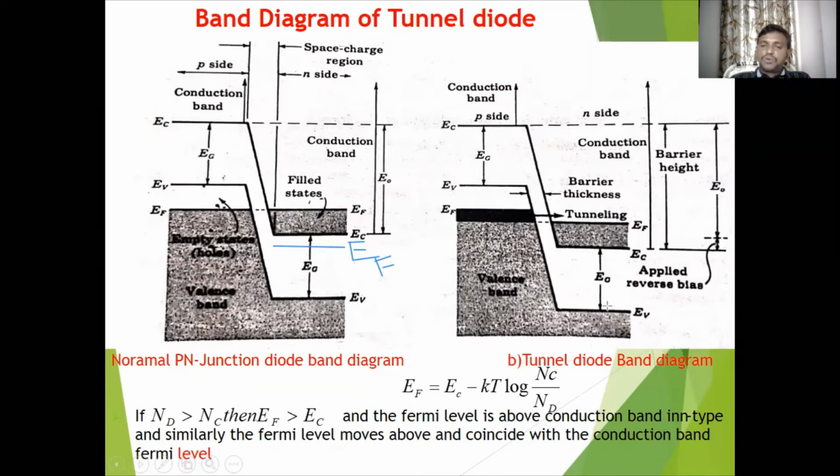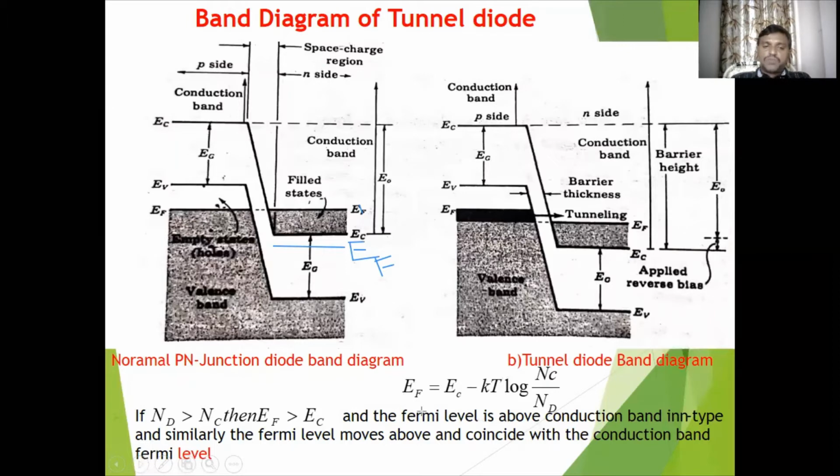But if you do heavy doping, that is, the donor concentration is more, it will be above like this. So this one is correct for a normal PN junction diode, but if it is heavily doped it will shift upwards. That is what this equation states.